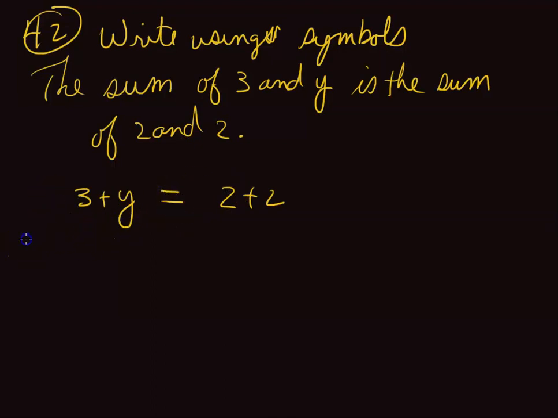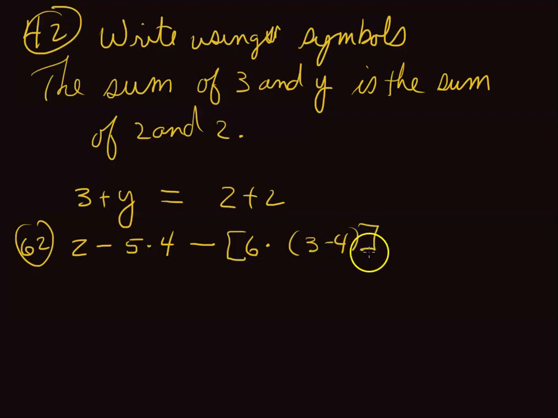And number 62, the last one I think we'll do. 2 minus 5 times 4 minus 6 in these square brackets times 3 minus 4, close the square bracket.